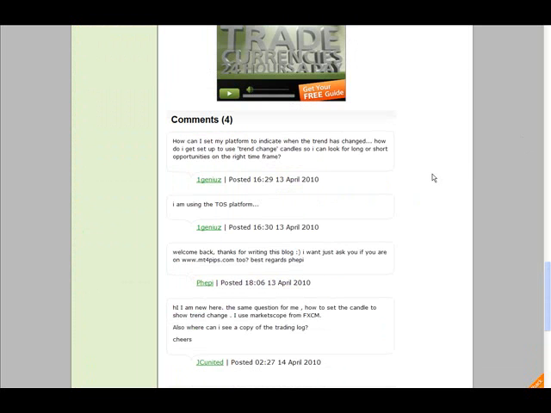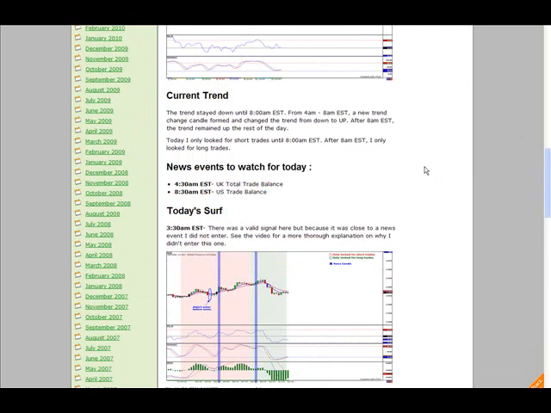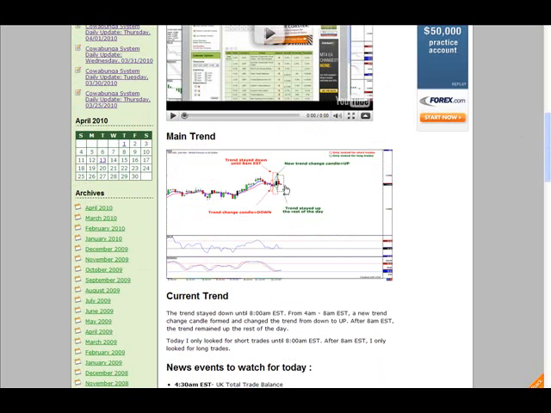A couple of the questions were how to set up the candles so it looks like a trend has changed. And basically, if you look at the rules of the system, it's a crossover followed by RSI and stochastics aligning in the same direction. The software that I have, Xtick, allows you to automatically color the candles if a certain criteria is met. So on this chart, it's coloring my candles black if the moving averages cross up, and purple if the moving averages cross down.